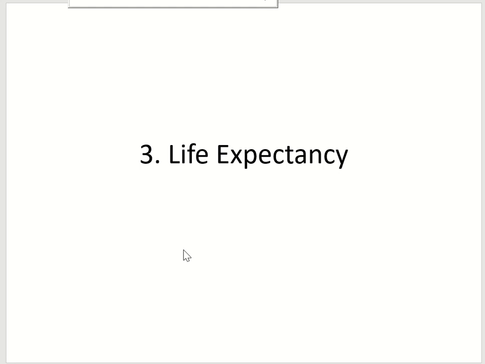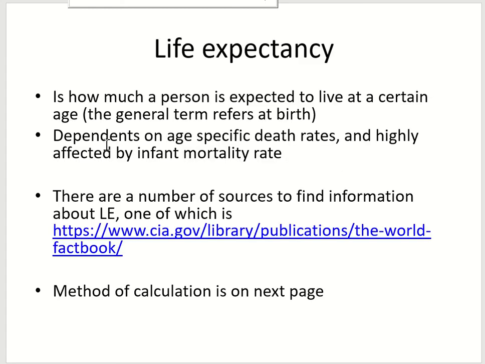You can watch that video on its own if you want to go over the calculation. Anyway, let me talk about it here. So life expectancy, what is it? It's how much a person is expected to live at a certain age. Usually it's at birth, and it's heavily dependent on the age-specific death rate and highly affected by the infant mortality.